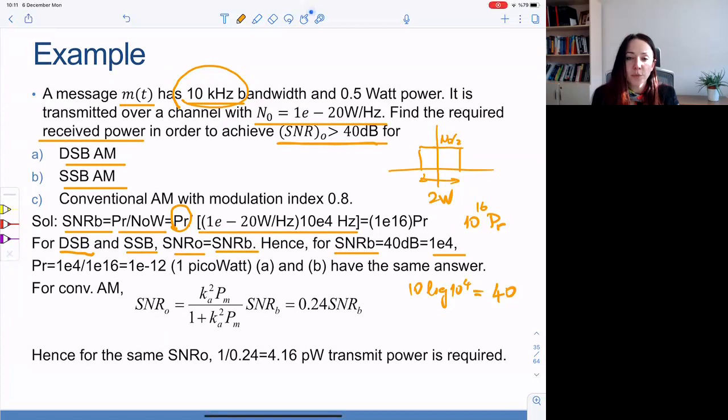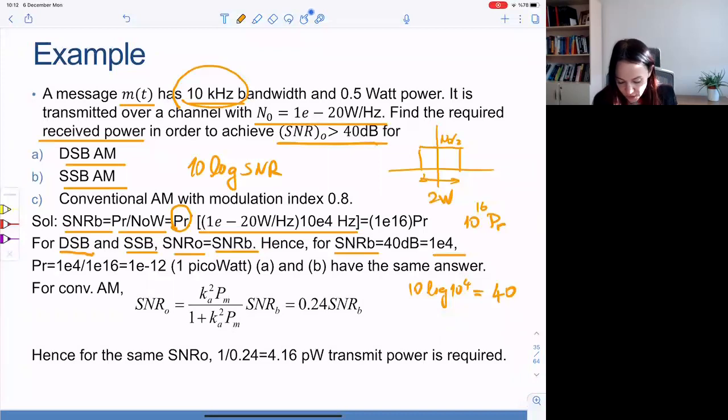The dB computation that we do in EE 435 and in communication in general is 10 log SNR, or 10 log power. Sometimes in electronics you use 20, right? But here you're going to use 10, because we're talking about units of power, and power is in general a second order value with respect to things like voltage, for example.